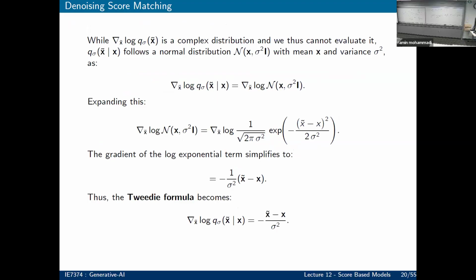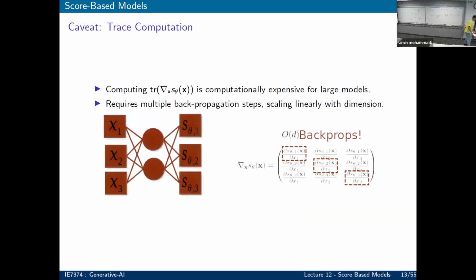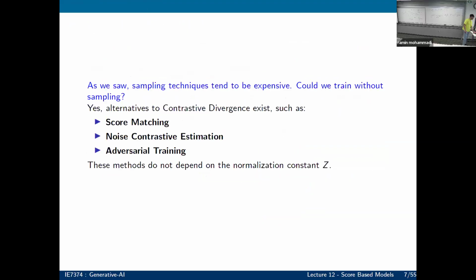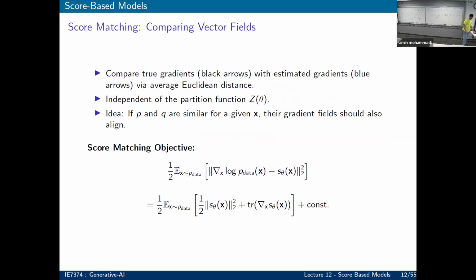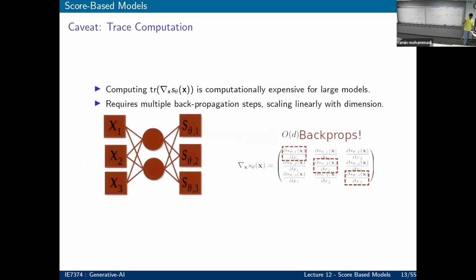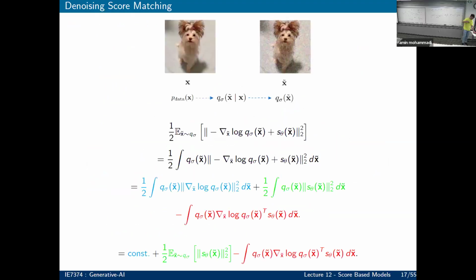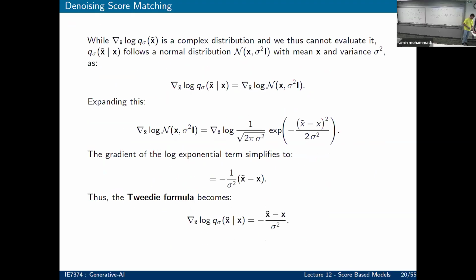That's the score, and that comes back to the beginning of the class. I showed you the score function for a Gaussian: x minus the other data point divided by the variance. That's the same thing we have here. So the actual score function is that term for a Gaussian.